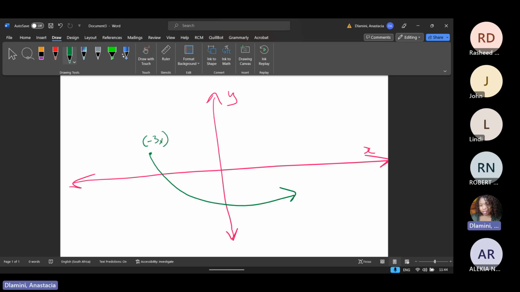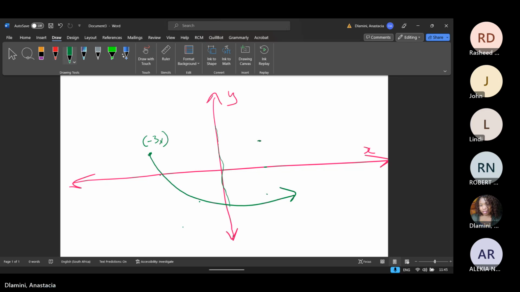So now they are asking us to reflect the graph about the x-axis. It means that this line here will be your mirror. So if you reflect, it means this point will be somewhere here. This point will be somewhere here. This point will be somewhere here.